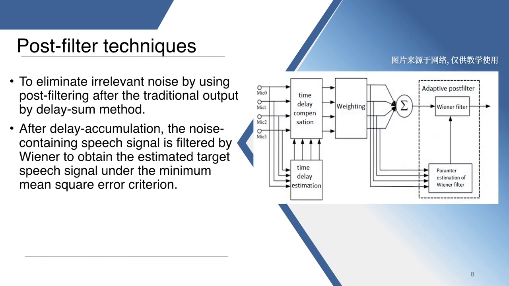After the delay sum operation, the noisy speech signal is filtered by a Wiener filter to obtain the estimated target speech under the minimum mean square error criterion. This method can achieve better noise cancellation performance with a relatively small number of microphones in an environment of uncorrelated noise.